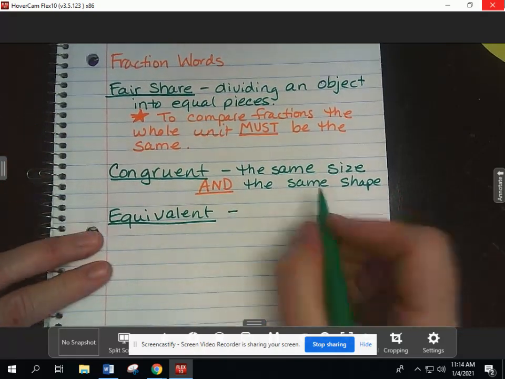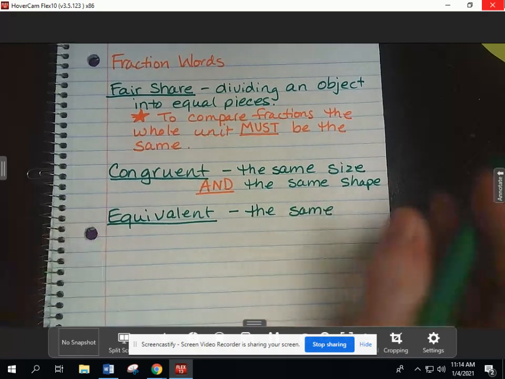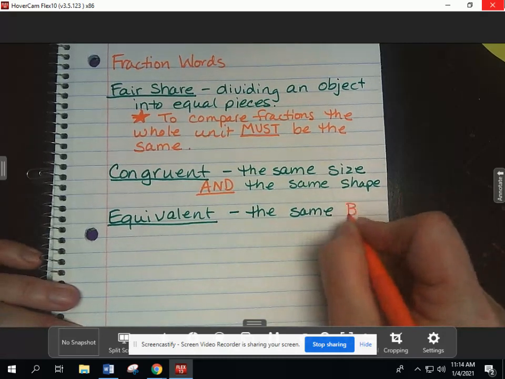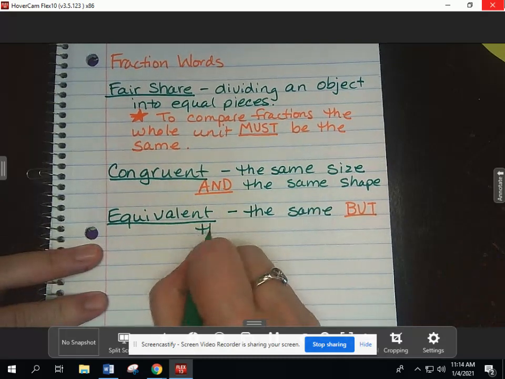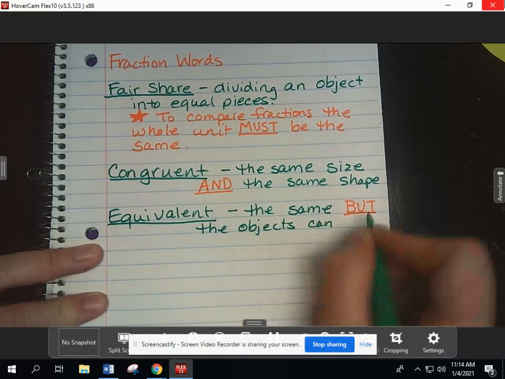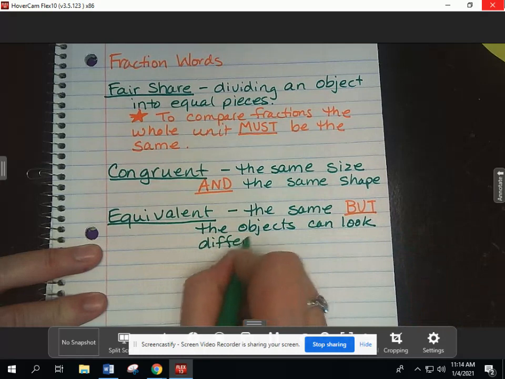So now we have the object is the same, but the objects can look different.